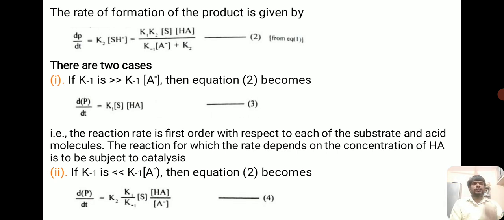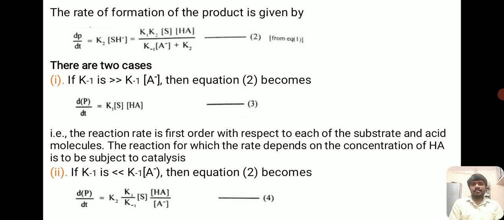This is equation number 3. That is, the reaction rate is first order with respect to each of the substrate and acid molecule. The reaction for which the rate depends on the concentration of HA is said to be subject to general acid catalysis.